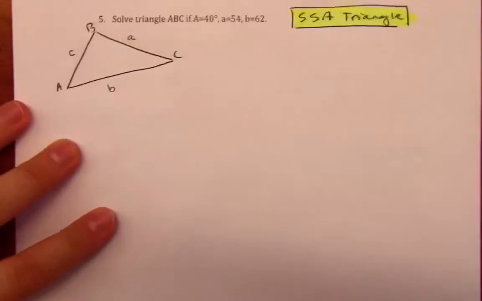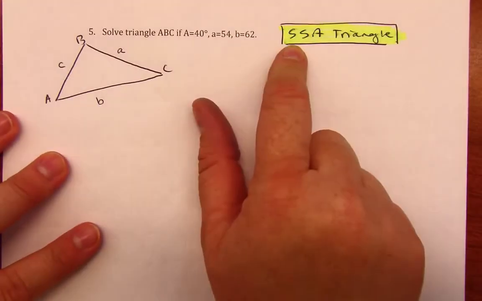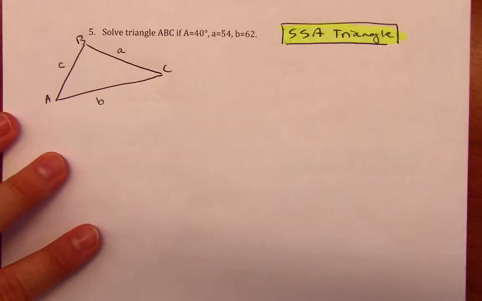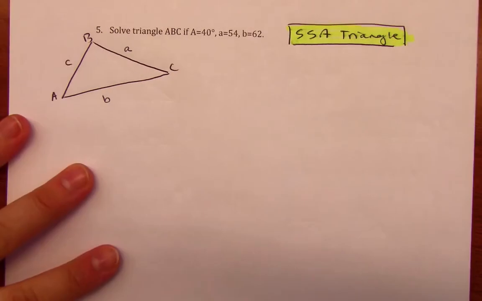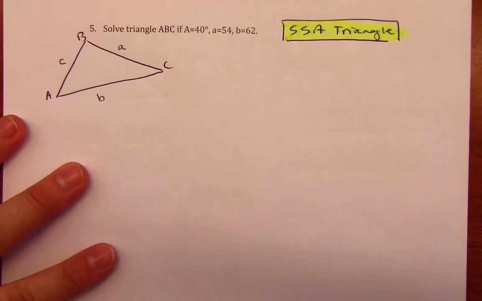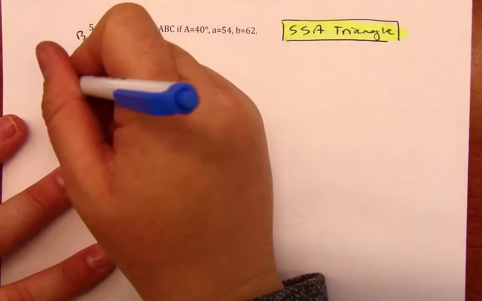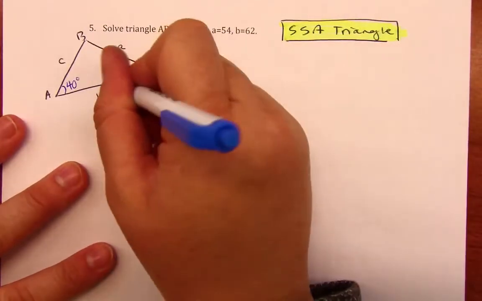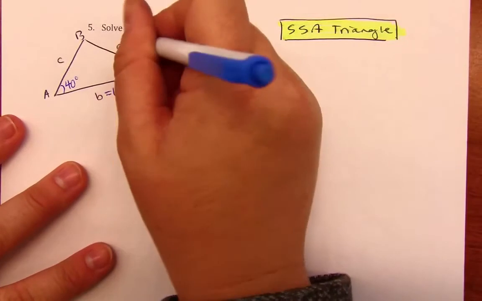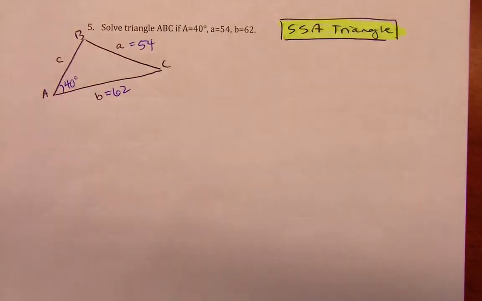So we've seen a few different things happen. We've seen the ambiguous case where we have a triangle. We've seen the ambiguous case where there's no triangle. Let's see if we can find out what happens if we have two triangles that exist. So 40 degrees, we're just putting our information down here. And we need to set up our box.